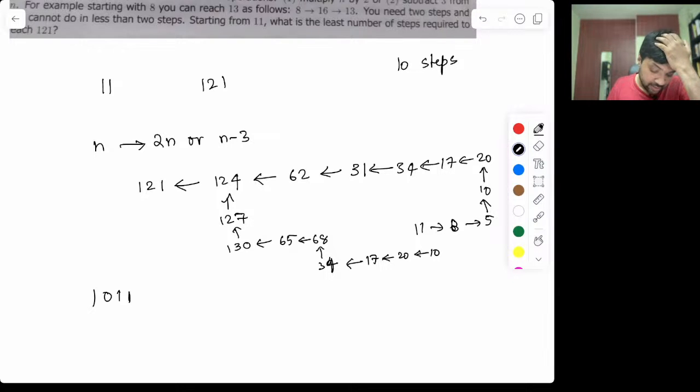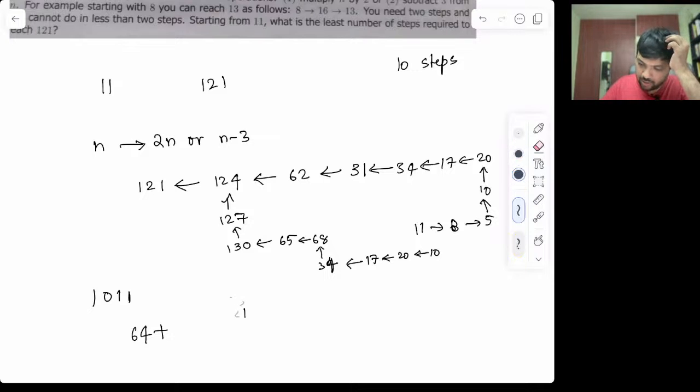So essentially, what is 121? 121 is pretty big to write. How do you write 121? You take the nearest power of 2, that is 64. Then you have 121 minus 64, which is 57.